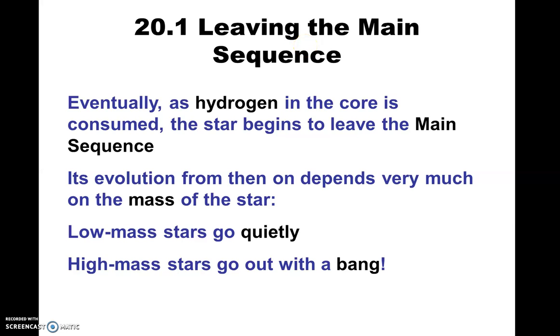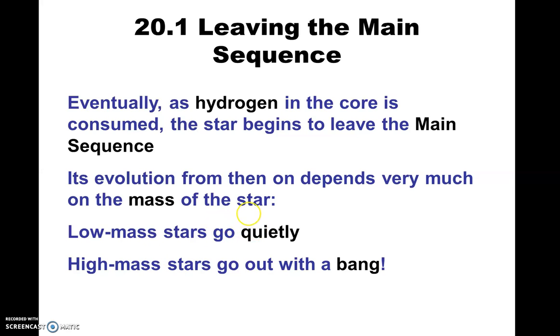All right. So the evolution depends on mass. The low mass stars like the sun or lower go more or less quietly, that is, their deaths. Actually, you can have stars up to about, I think, 12 times the mass of the sun.